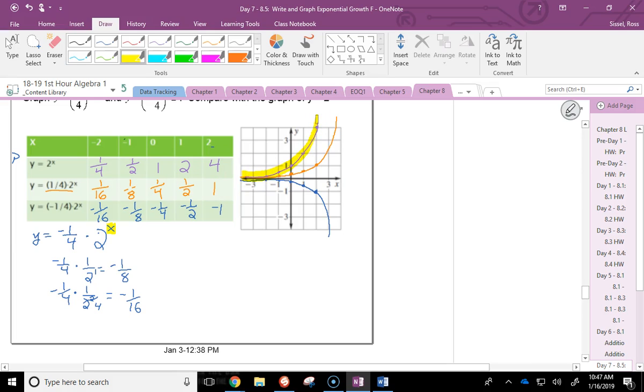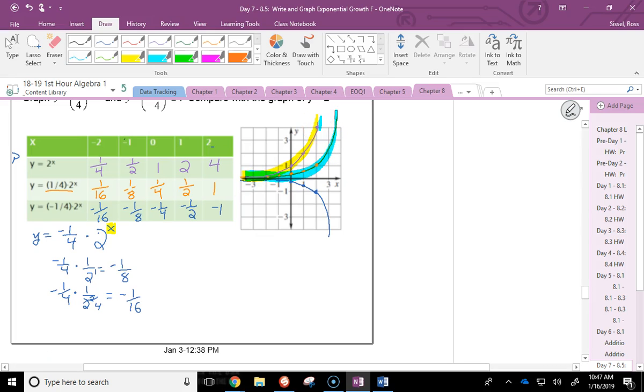How we compare these. When I compare y equals 1/4 times 2 to the x power, if I look at the two lines, notice my parent function, how it went in this one.